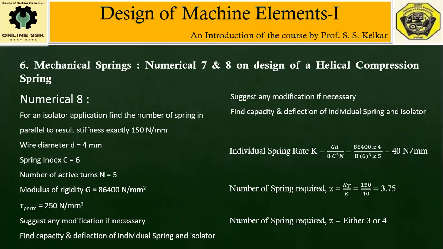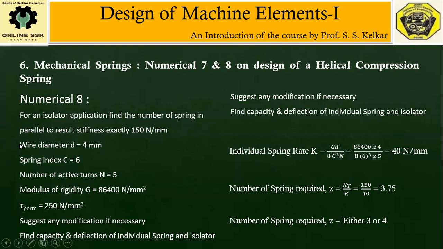Now, numerical number 8. In this numerical, they have specified an isolator application wherein a number of springs are used in parallel to result in stiffness exactly equal to 150 Newton per millimeter square.